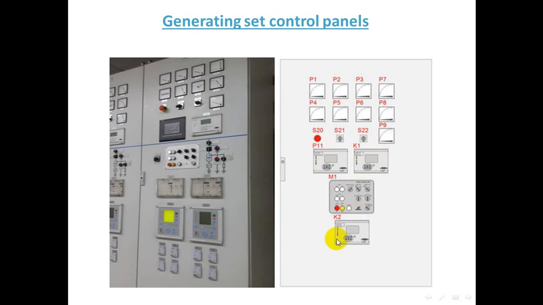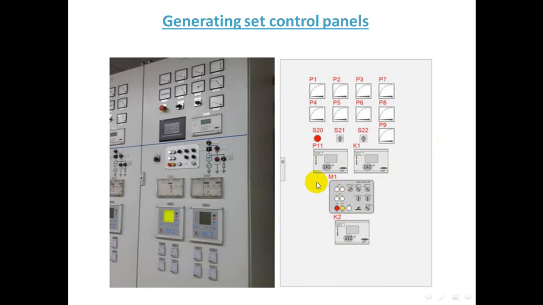K2. What does K2 mean? It's the generator differential protection. K1 is the generator protection relay and K2 is the generator differential protection, and we will explain them in detail.